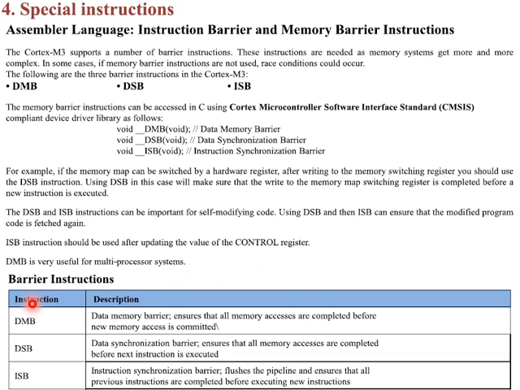Now, barrier instructions and their descriptions. DMB stands for data memory barrier. It makes sure that all memory accesses are completed before a new memory access is committed. Something like, assume I am taking the class from 11 to 12.